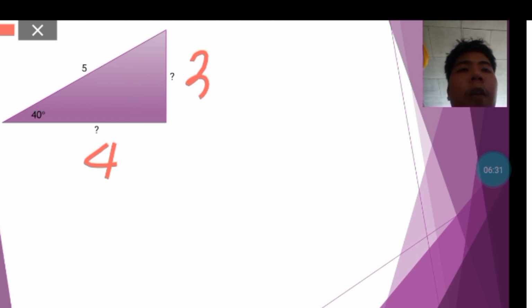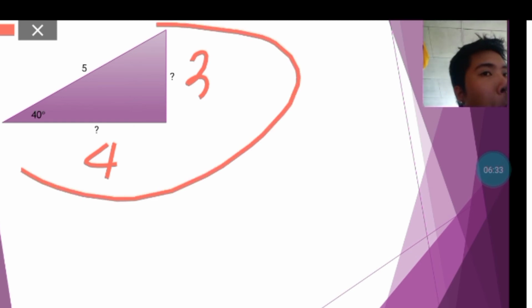In this example, we have a hypotenuse, and sine is opposite over hypotenuse, so we can use that formula. In finding the adjacent, cosine is adjacent over hypotenuse, so we can also use cosine. We can also use the tangent in finding the adjacent.